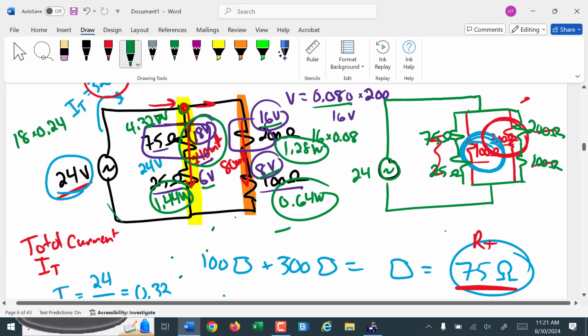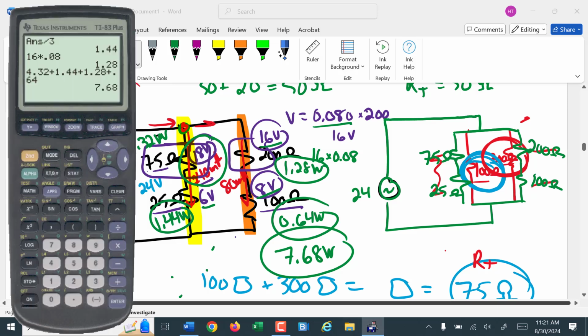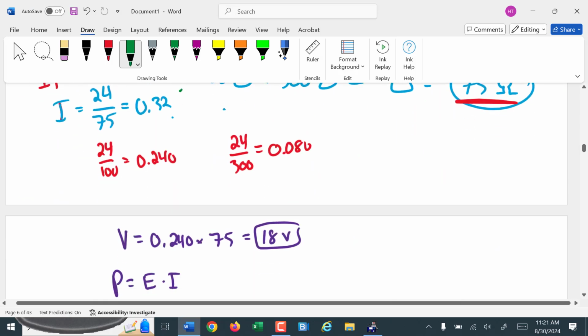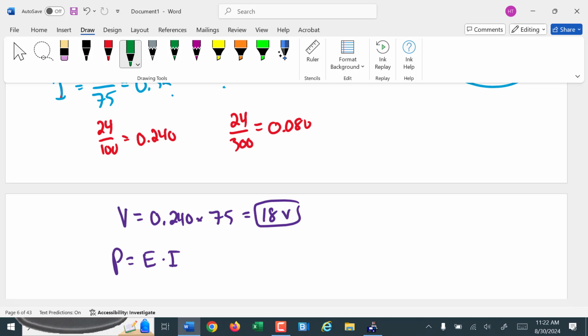Now, if we add all of those up, it'll give us the total power, 7.68 watts. We can double check. We had 24 volts and 320 milliamps, so 24 times 0.320. This is a 7.68. They come out to be the same.